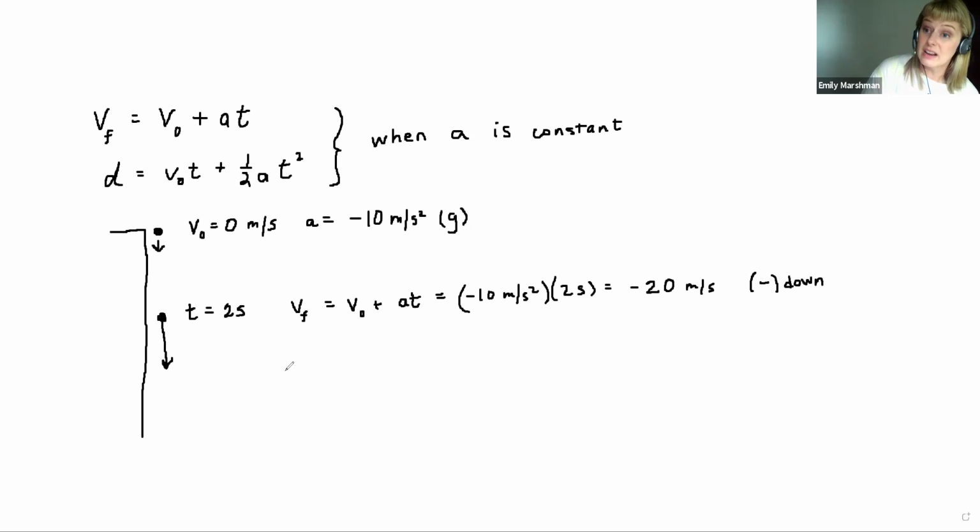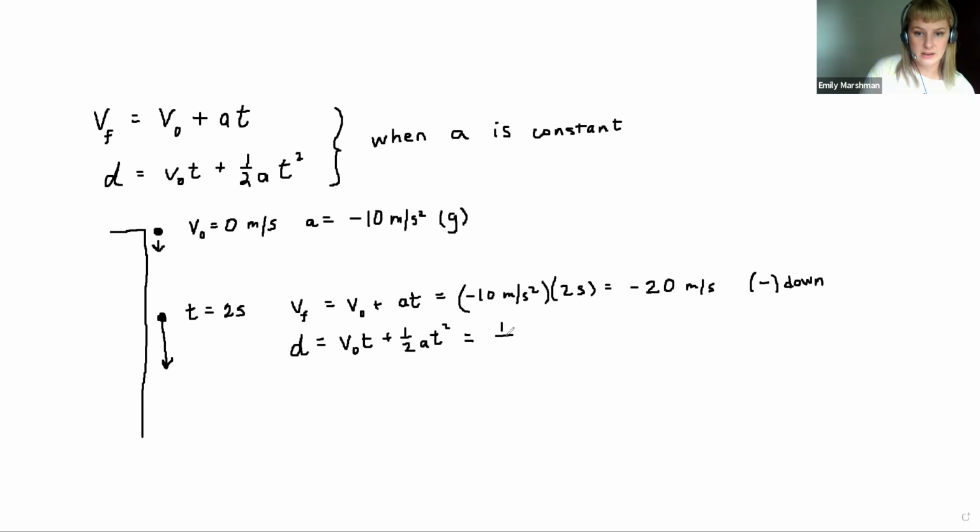And now let's think about how far the object has fallen. What is the distance that the object has fallen? Again, let's apply the second kinematic equation. Distance that the object has traveled is v initial times t plus 1/2 at squared. The initial velocity is 0, so this first term is gone.